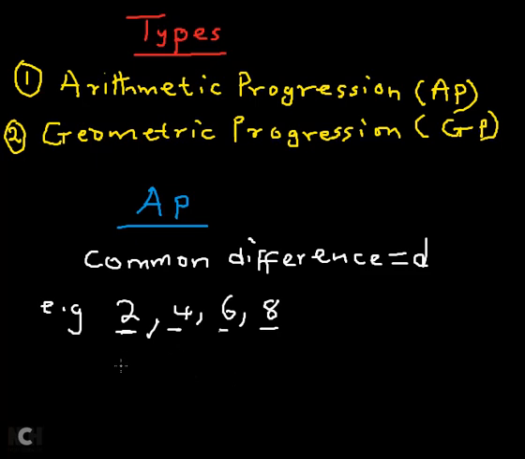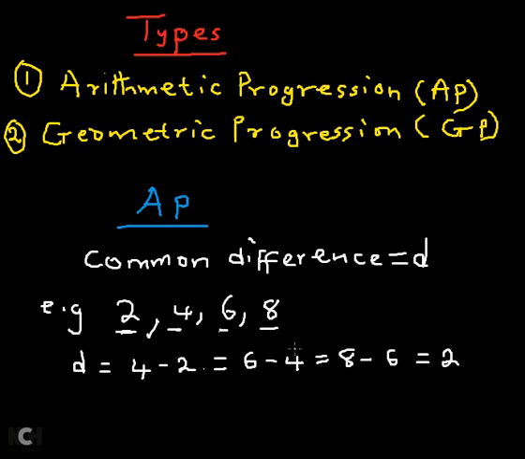So that simply means this is an AP because I have a common difference, which is 4 minus 2, which is 2. 4 minus 2 is also equal to 6 minus 4, which is also equal to 8 minus 6, and that is 2.